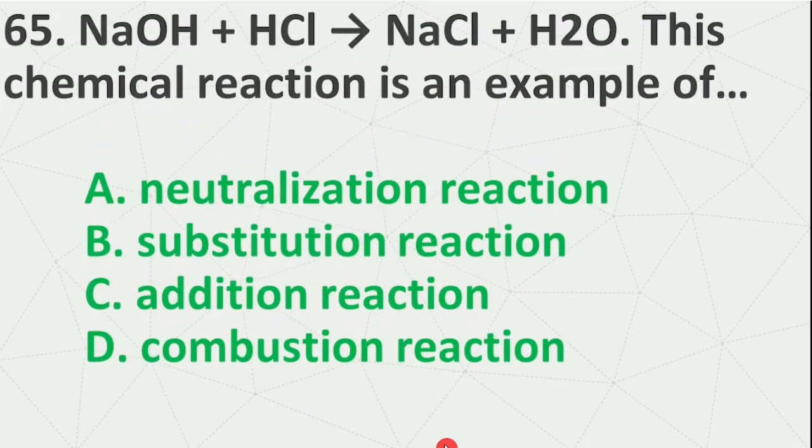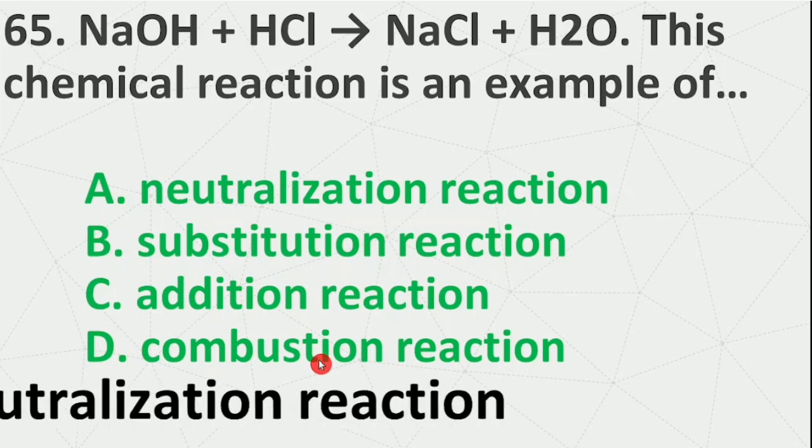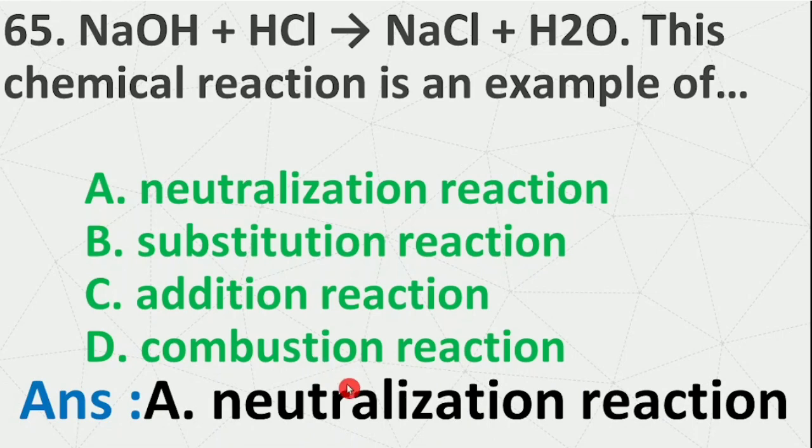Sodium hydroxide reacts with HCl to give sodium chloride plus water. Which type of reaction is this: neutralization reaction, substitution reaction, addition reaction or combustion reaction? So option A, neutralization reaction, is the correct answer.